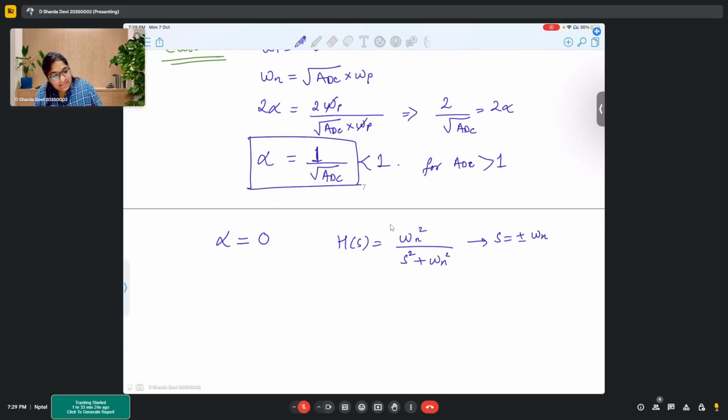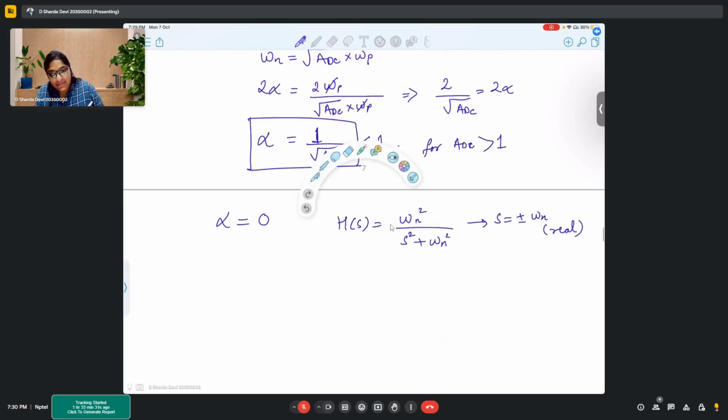And we know that this is a constant. So this is real. So when we have two real poles, how does the system look like? Oh, sorry. This is imaginary because omega n is real, but see, s square is minus omega n square. Now s will be plus minus omega n j. So omega n is real, but j omega n is imaginary.